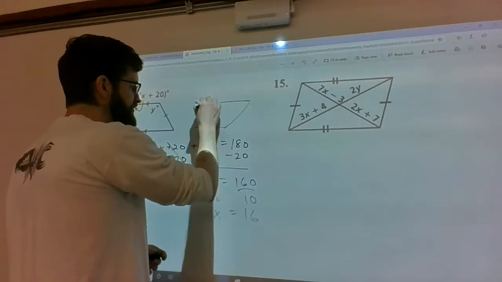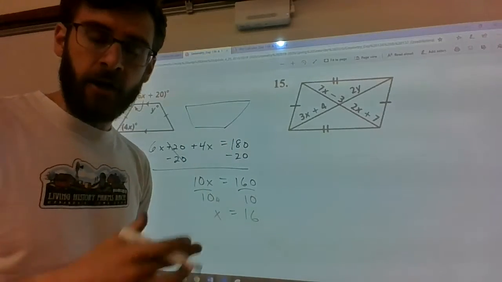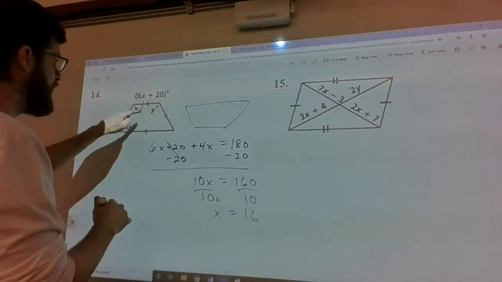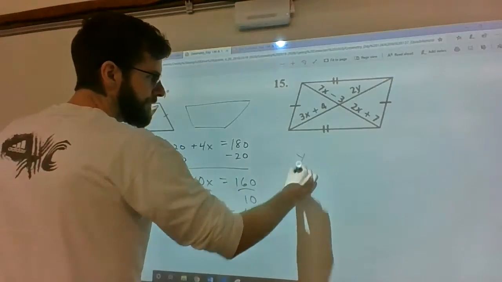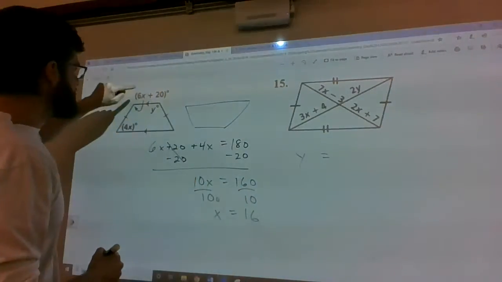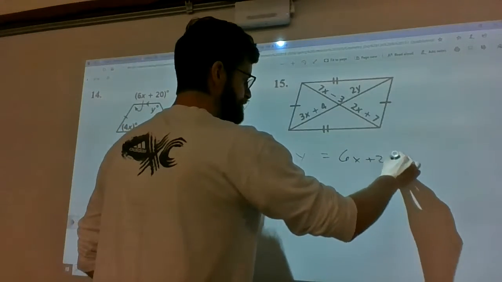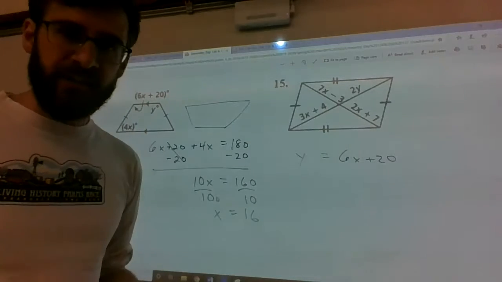I could say, hey, you see this trapezoid here? Look at this base right here. These are the base angles. It doesn't matter which one you talk about. So this y degree measure is congruent to 6x plus 20, because the base angles are congruent.